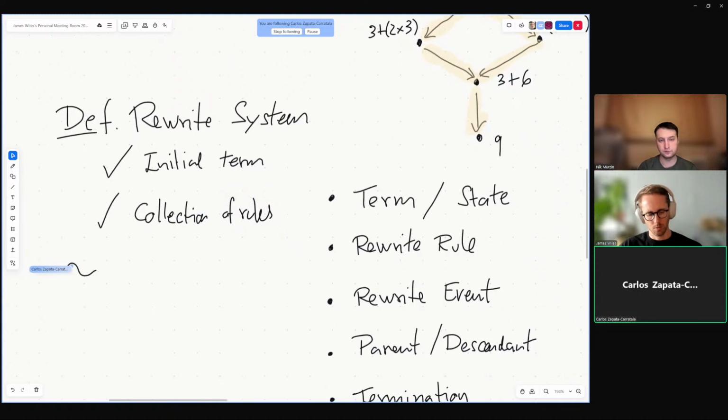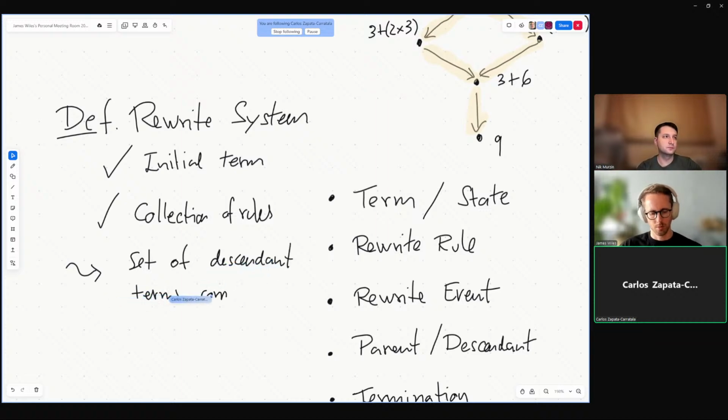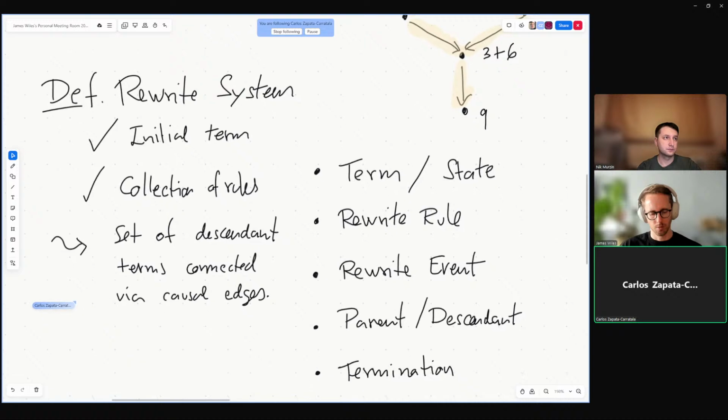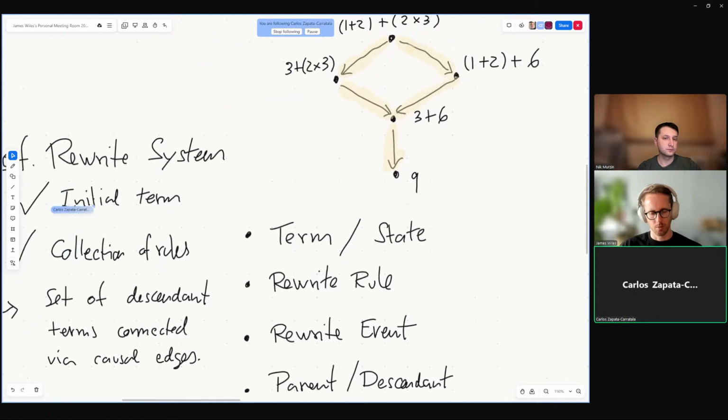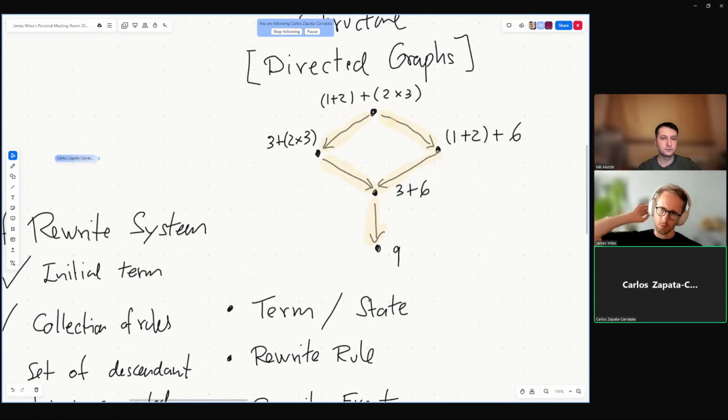And then what follows from that is the set of descendant terms connected via causal edges, right?